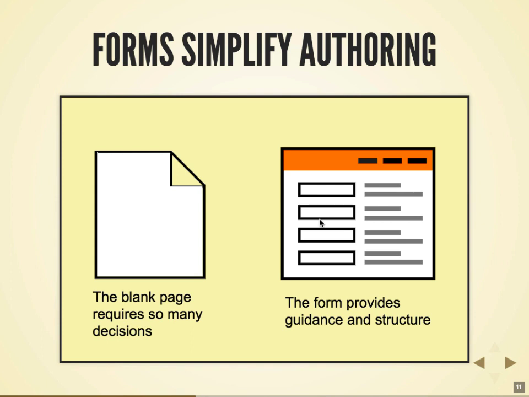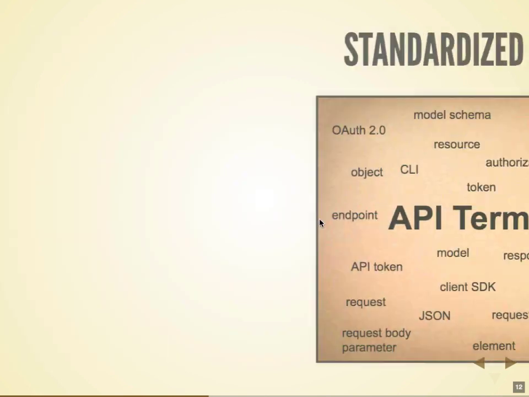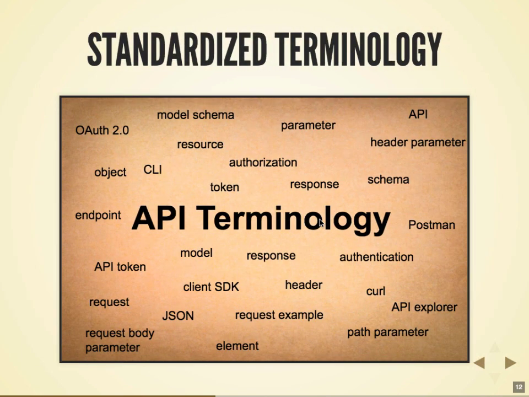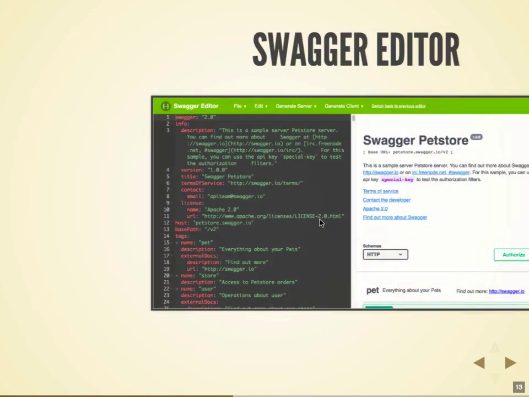So things like that might get in the way. The other nice thing about the OpenAPI spec is that it standardizes terminology. You may run into all kinds of things about how parameters and methods are referred to, and this gives it some standardization. We talked about this a bit earlier, so I'll just jump past this.